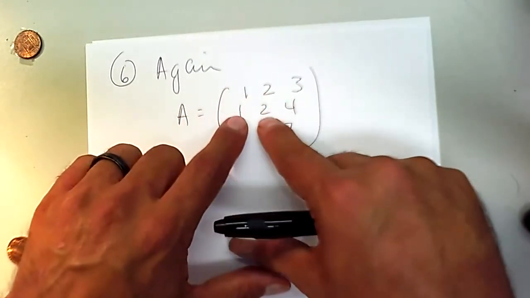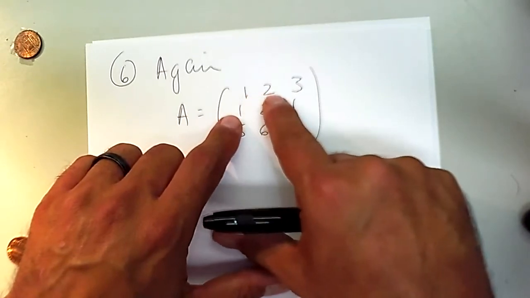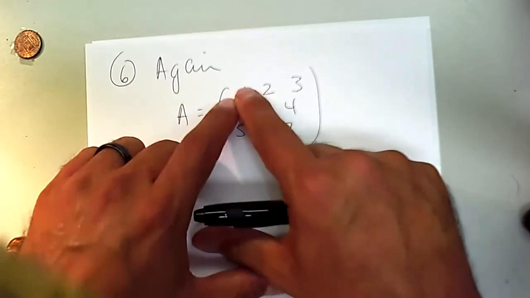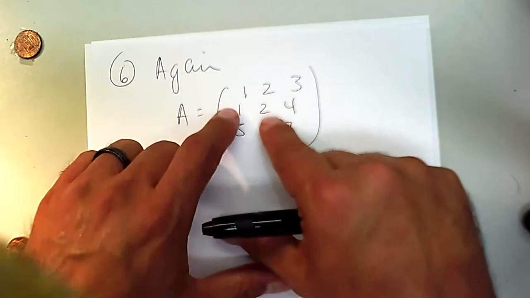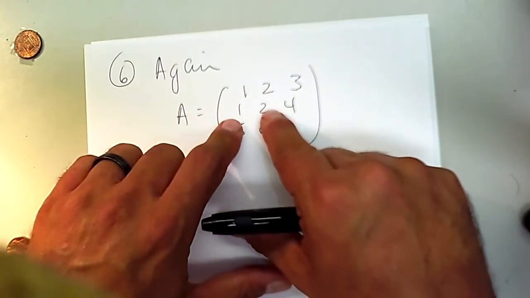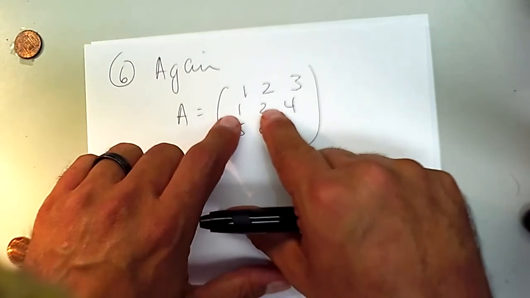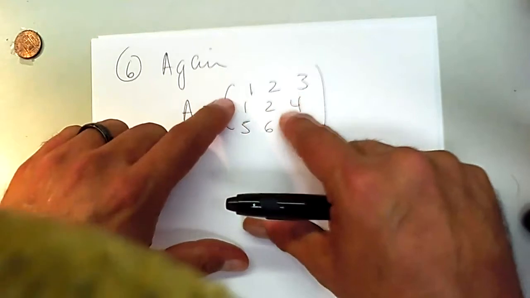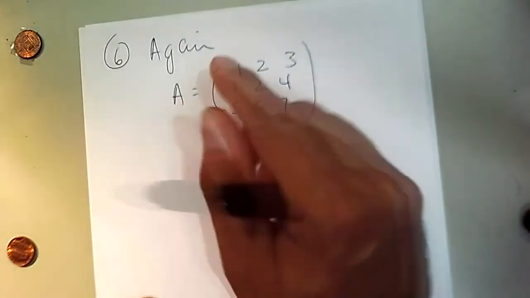If this was 4 and 8, or 5 and 10, if it was a multiple of this line, if the second two were a multiple of the first one, that's going to mess up our possibility of getting an upper triangular matrix. So what we could do is exchange those two ahead of time and not factor A. So we're going to modify the problem.